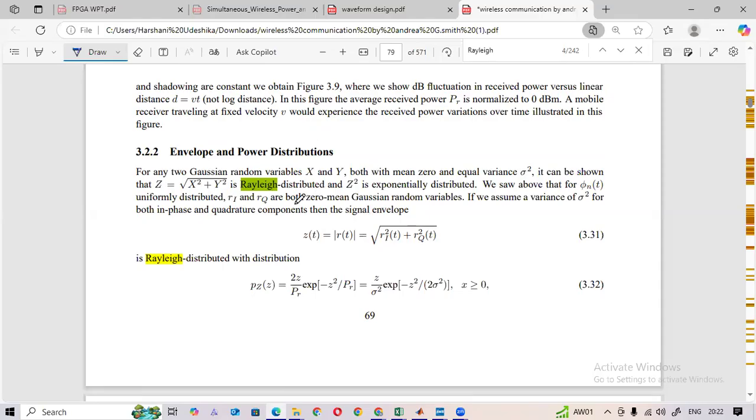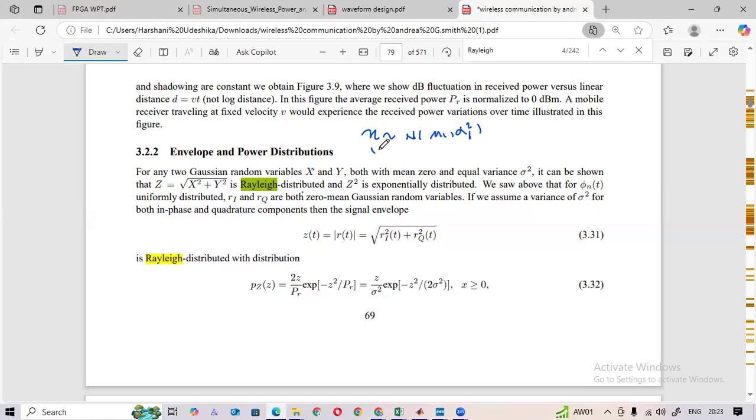Okay. So Rayleigh distribution related questions also you will be having, okay? And maybe you can try to derive this one, okay? For example, if this X is a Gaussian variable, a normal variable with a mean and some variance, okay?